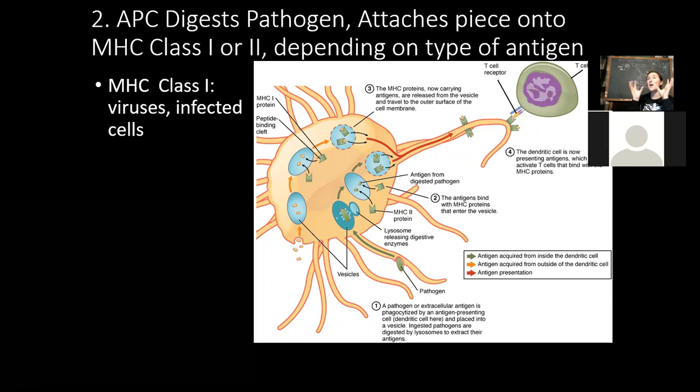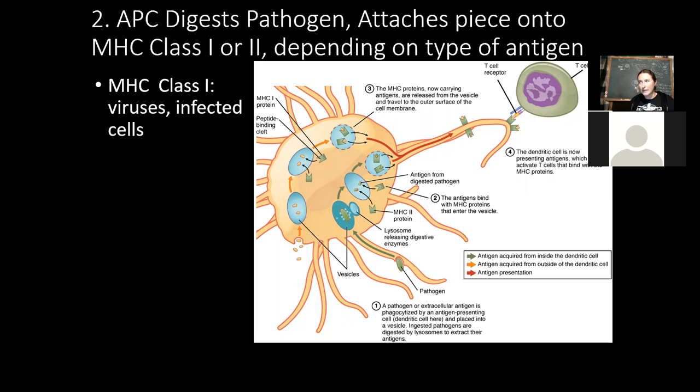MHC class 1 is great at binding to funky cells, right? So any human cells that are infected with something are going to be placed on MHC class 1s. And I mentioned viruses here. If you haven't taken micro, or even if you have, just a reminder, viruses are not technically alive.